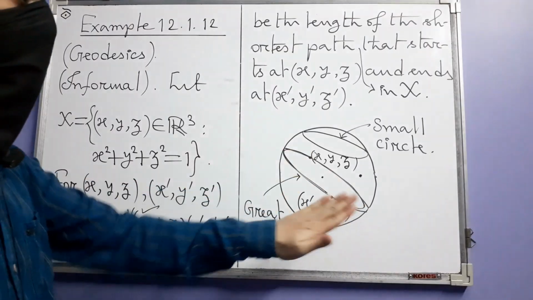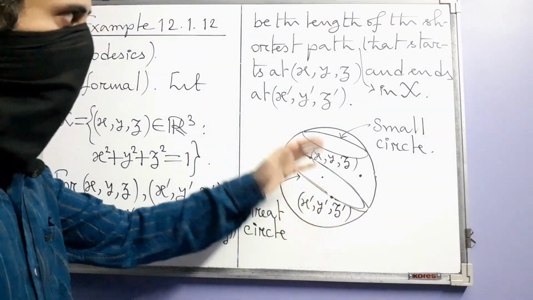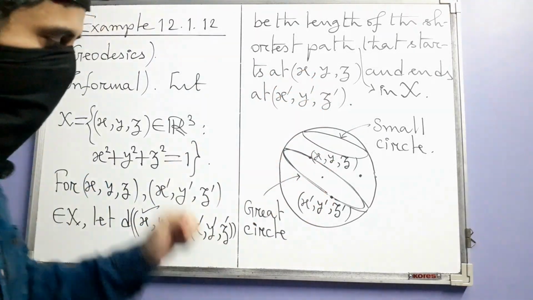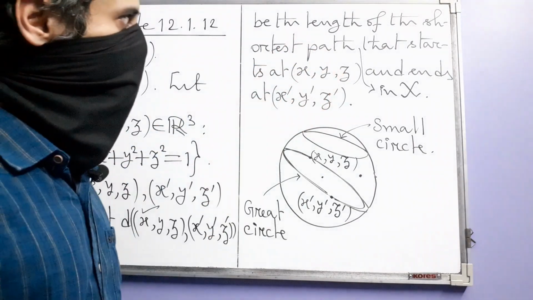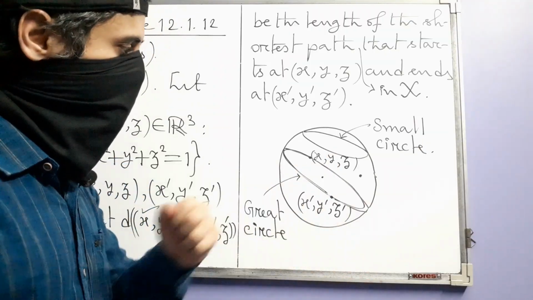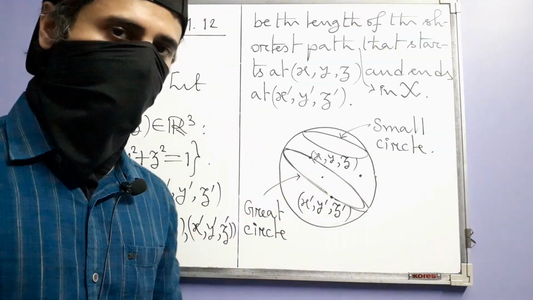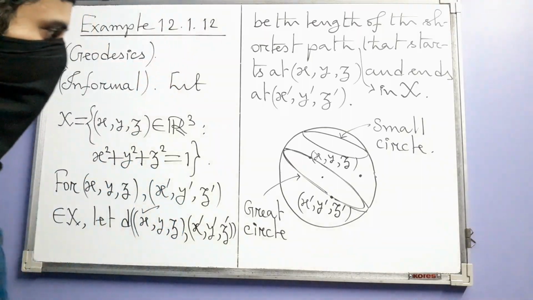Say you don't know this fact that the arc whose length will be this distance lies on a great circle. You just simply use the definition that it's the length of the shortest path in X joining the 2 points. Just using this definition, can we prove triangle inequality? The author says yes, and actually it's quite easy.